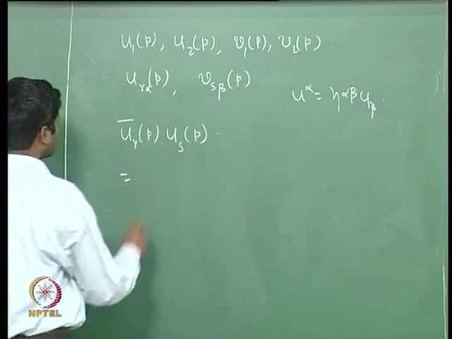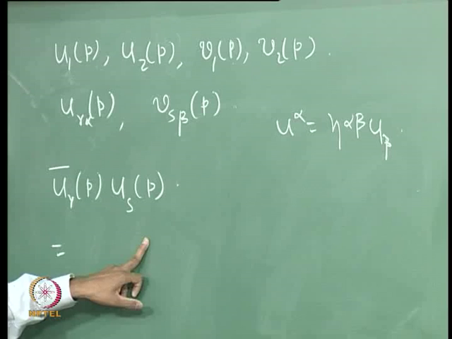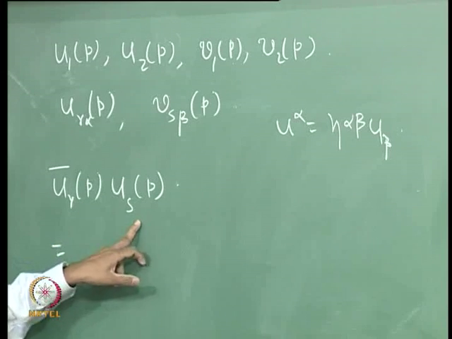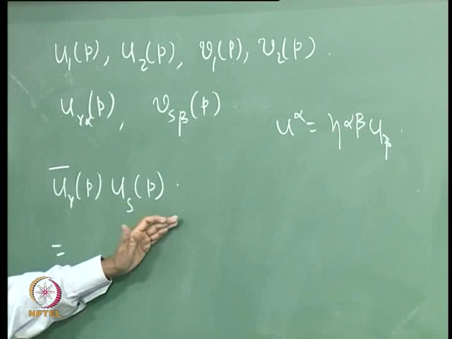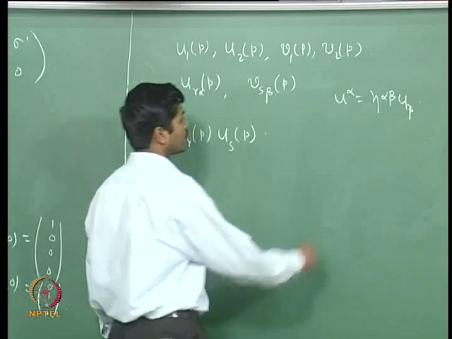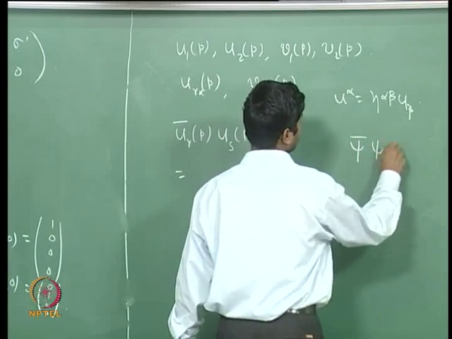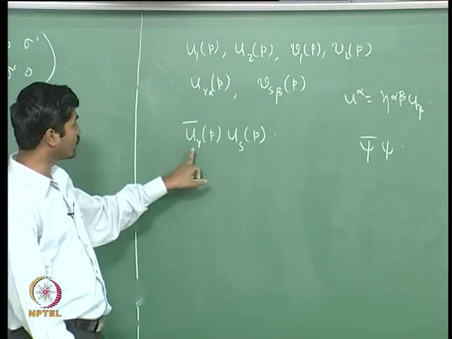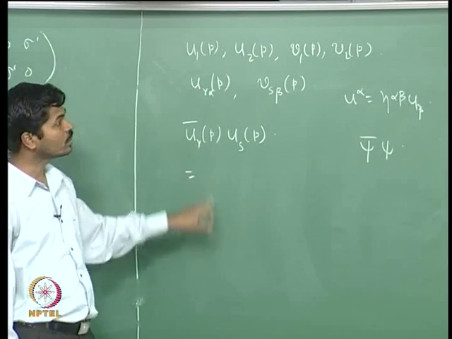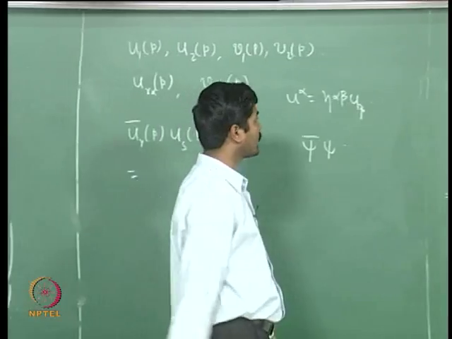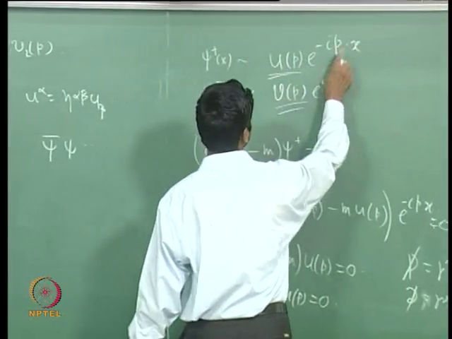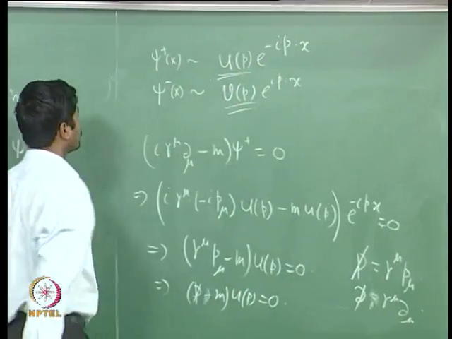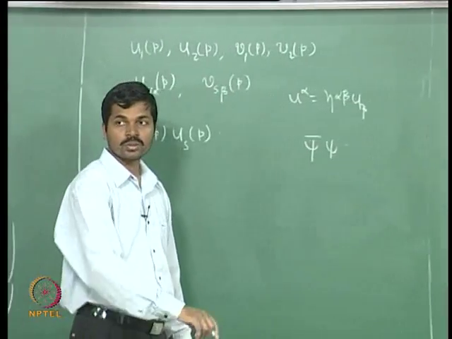So let us look at this quantity here. This is a Lorentz invariant quantity, because we have already seen earlier that psi bar psi is invariant under Lorentz transformation. When you perform a Lorentz transformation, u transforms the same way as psi transforms.